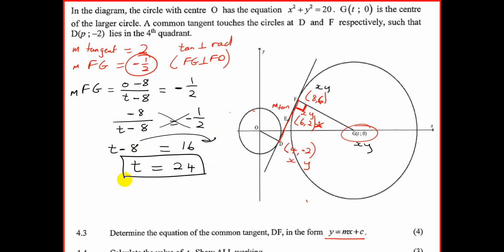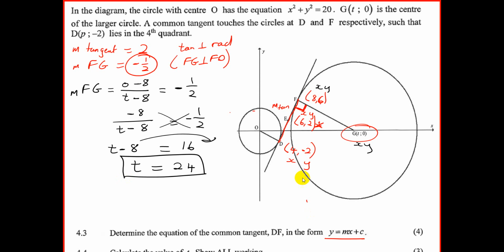And that is how we find the value of t. But I think I've made a mistake, and I'm quickly going to find my mistake in this question, 4.4, because I'm just looking at the gradient to be minus half.